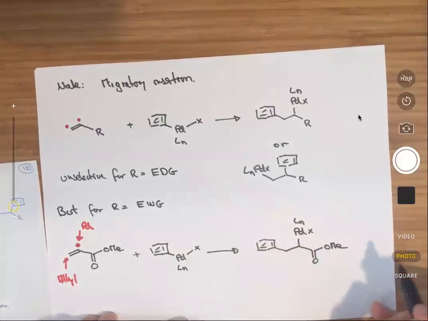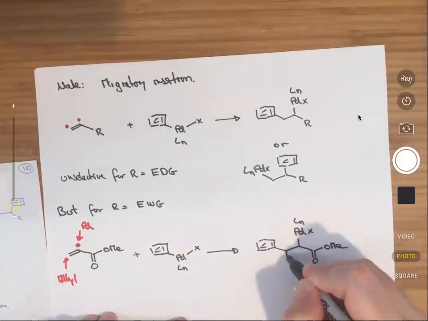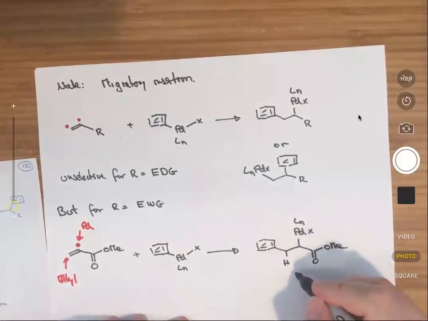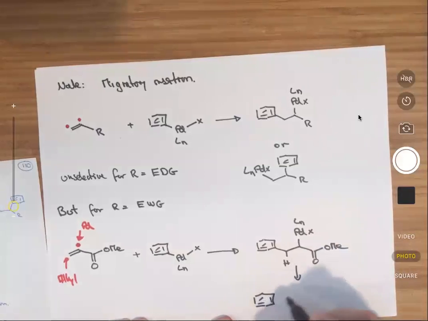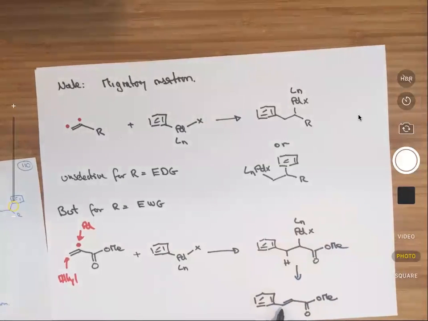And after the reductive elimination, so you can draw the hydrogen here that you eliminate, you selectively get the conjugated product out of that. OMe, where basically you attach at the terminal end of the double bond, your substituent R. Now, this is selective for electron withdrawing groups.